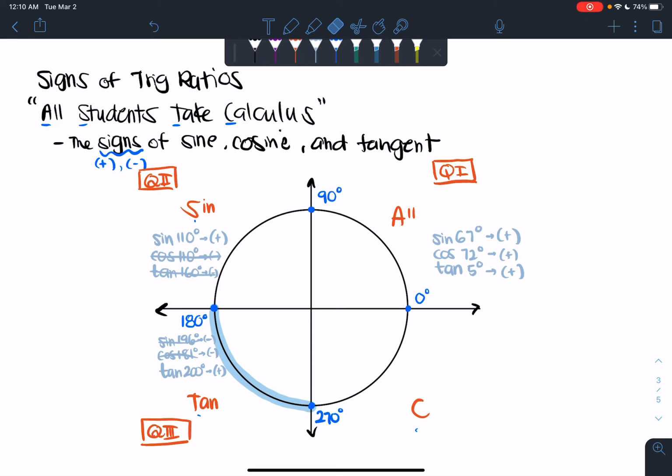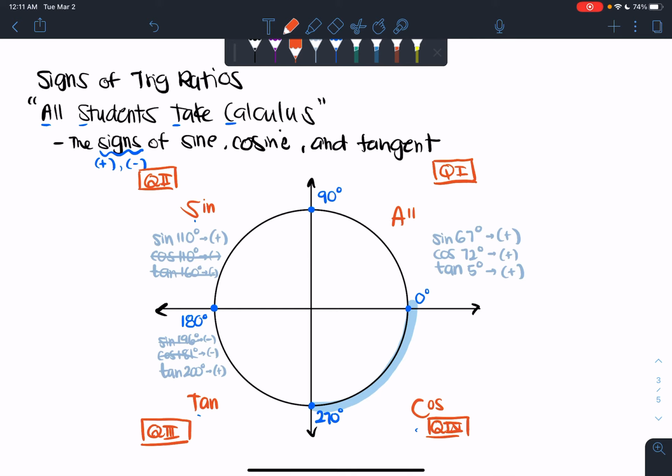So lastly, what do you think will stay positive in quadrant 4? Knowing that we have a letter C there, the only one that is positive in quadrant 4 is cosine.